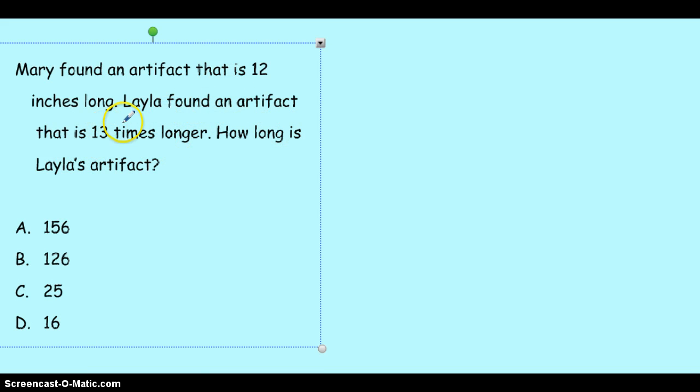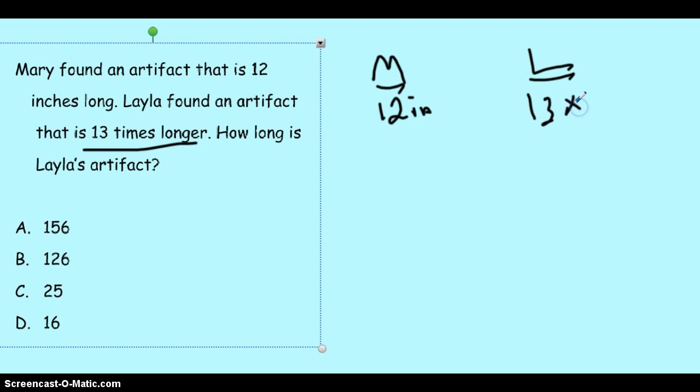Mary found an artifact that is 12 inches long. Layla found an artifact that is 13 times longer. How long is Layla's artifact? If we labeled this, Mary's was 12 inches long, and Layla found one that is 13 times longer. So Layla's was 13 times longer than Mary's, which was 12 inches.